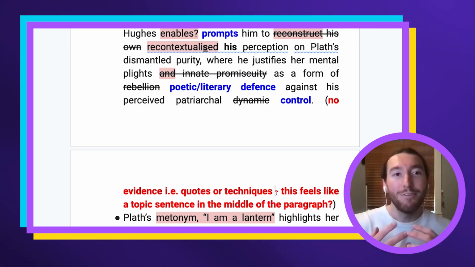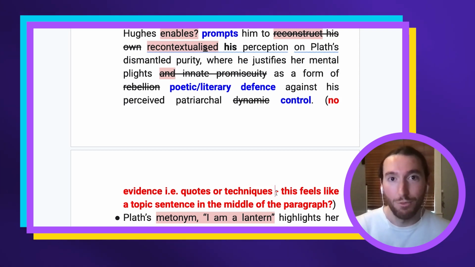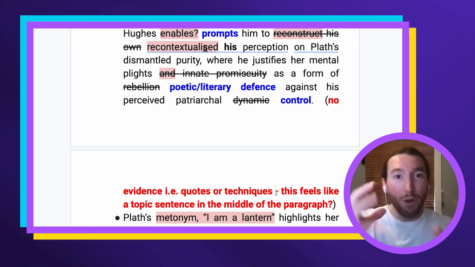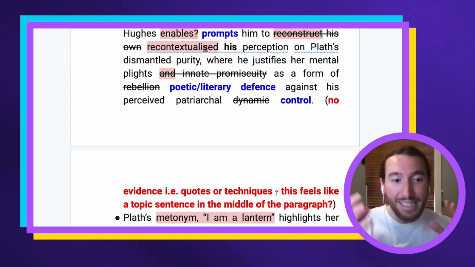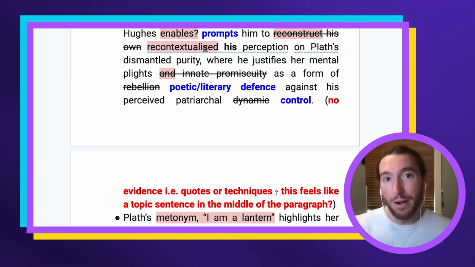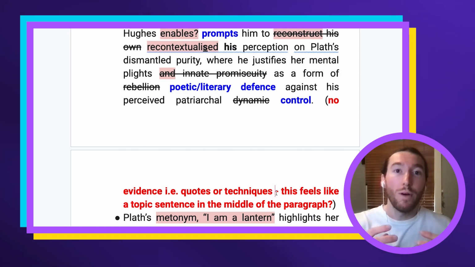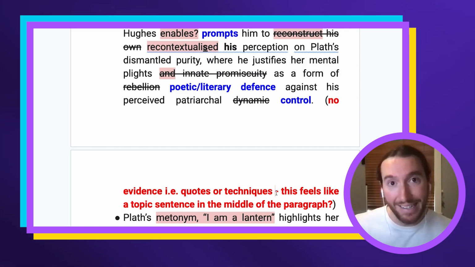So you won't have time or the word count realistically to be throwing in all of these conceptual statements in the middle of your paragraph. You need to integrate these pieces of commentary and analysis with your evidence so that you're always looking at the stylistic elements in conjunction with the overall purpose and effect.